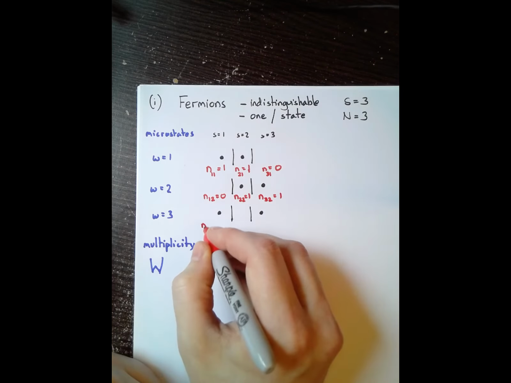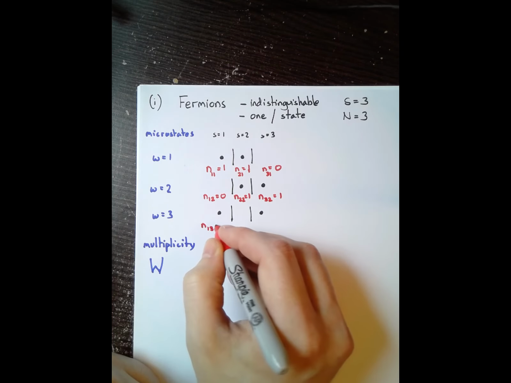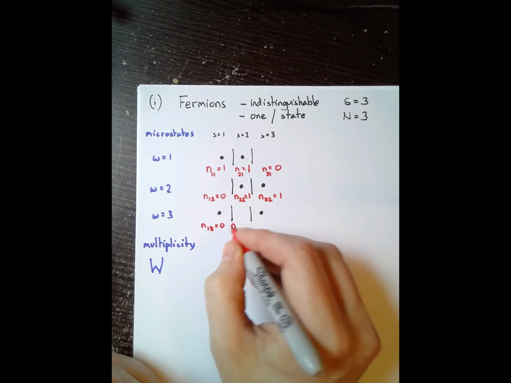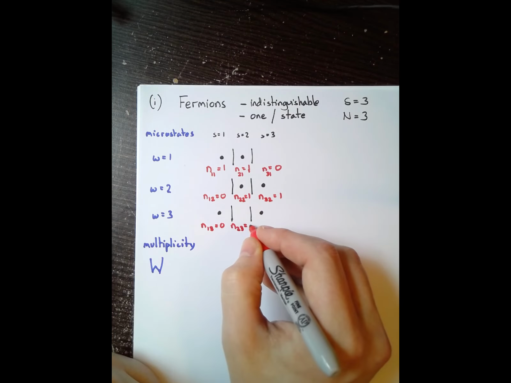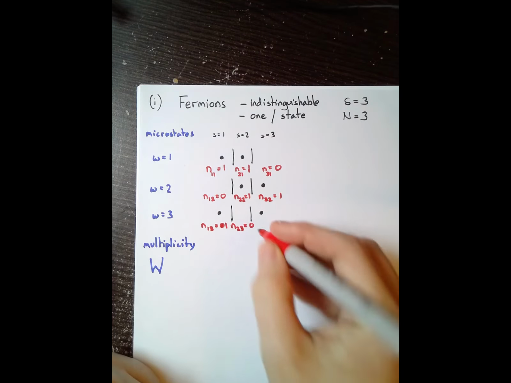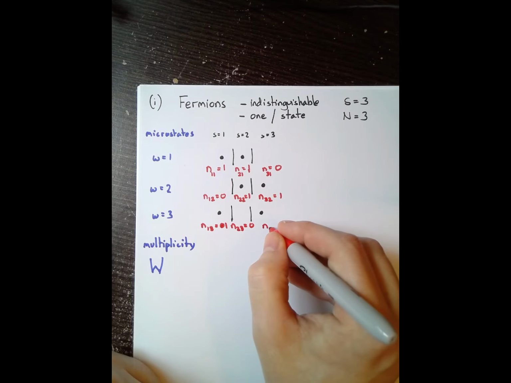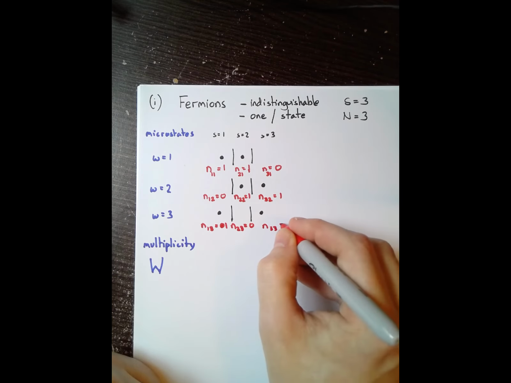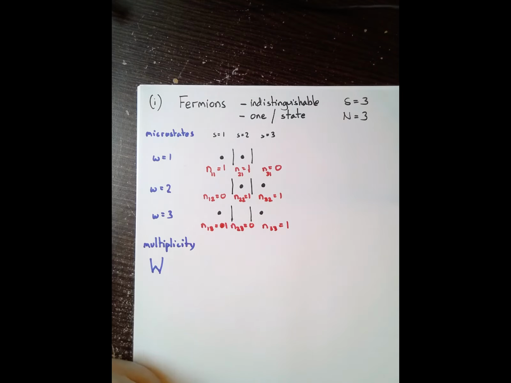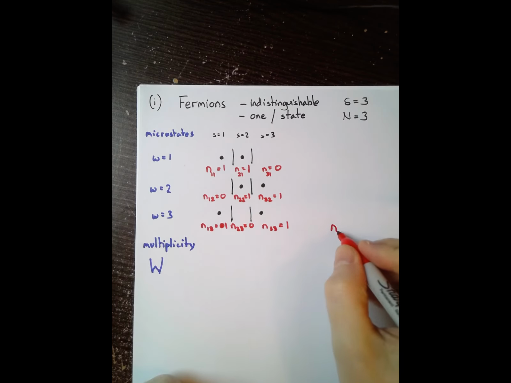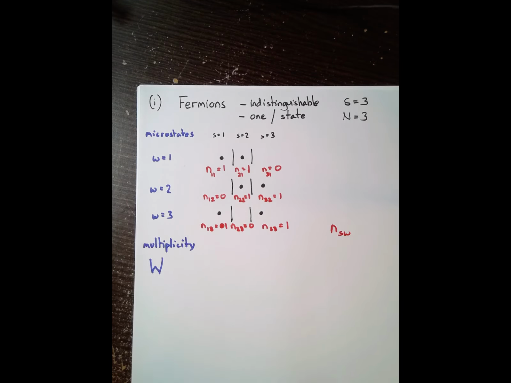And then finally, I have state 1 microstate 3, which is 0, state 2 microstate 3, which is 0, sorry, this is 1, and state 3 microstate 3, which is 1. Okay. So overall, n has two labels, w and s, or s and w, the way I've written it there. It doesn't matter what the order of the labels is.